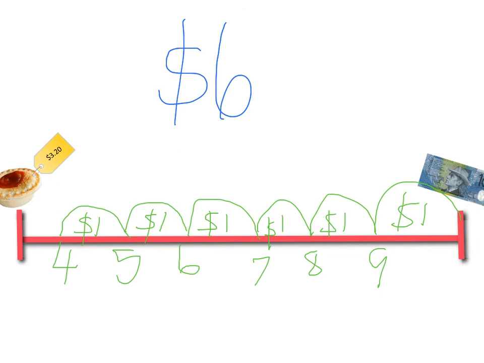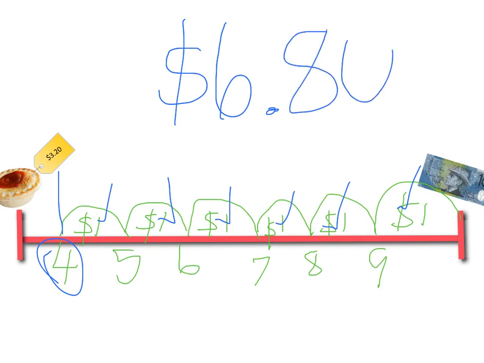Here they are. 1, 2, 3, 4, 5, 6. And the cents between $4 and $3.20 is 80 cents. So my change altogether will be $6.80.